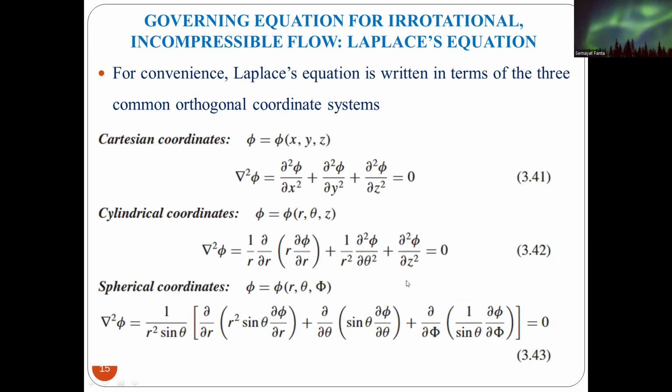In the case of cylindrical coordinates, we define it in terms of phi of r, theta, and z, where r is the radius of the cylinder, theta is the angle, and z is the length of the cylinder. In spherical coordinates, we define it in terms of r, theta, and phi, which are the radius of the sphere, angle theta, and angle phi. This is what we call spherical coordinates.